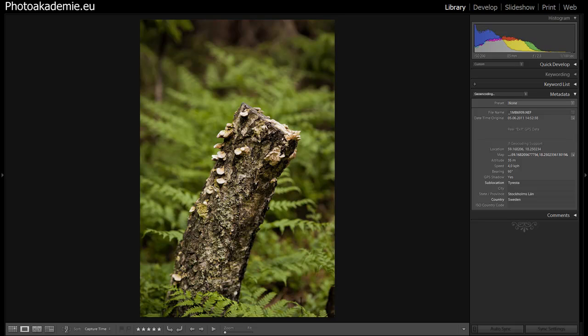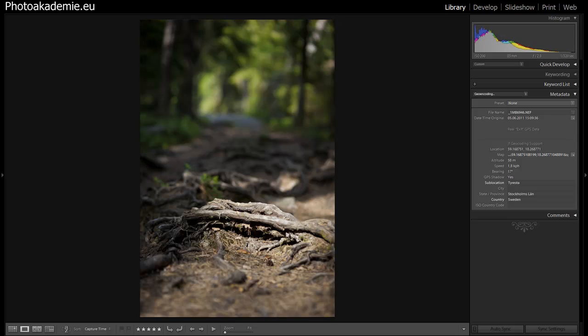It's a minimalistic shot, and even this kind of minimalistic. You've got a light spot there on the way, and the roots there, and the light spot. The rest of this hiking way is in the shadow. So this is something you can find. And also 2.0, very shallow depth of field.